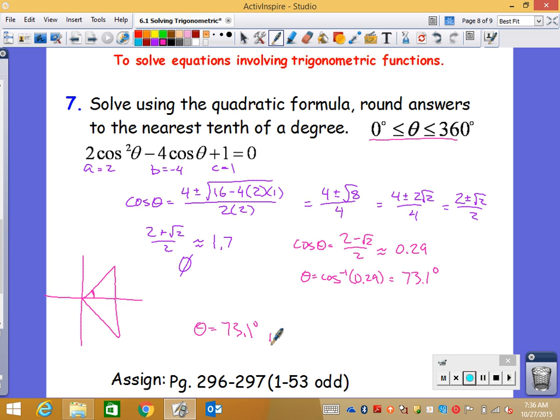The other one in quadrant 4, I'm going to be 73.1 degrees short of 360 degrees, or 286.9 degrees. And those are my two answers. So just be careful about, hey, where am I at? What's my reference angle? And then just apply it using your quadrants.